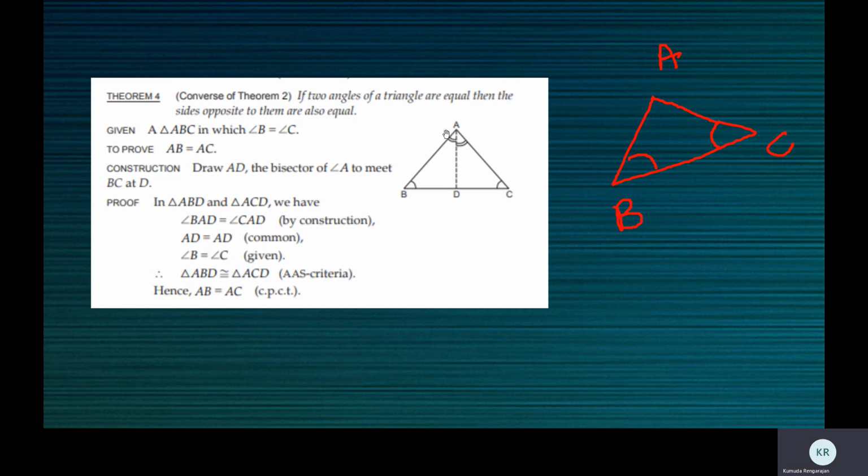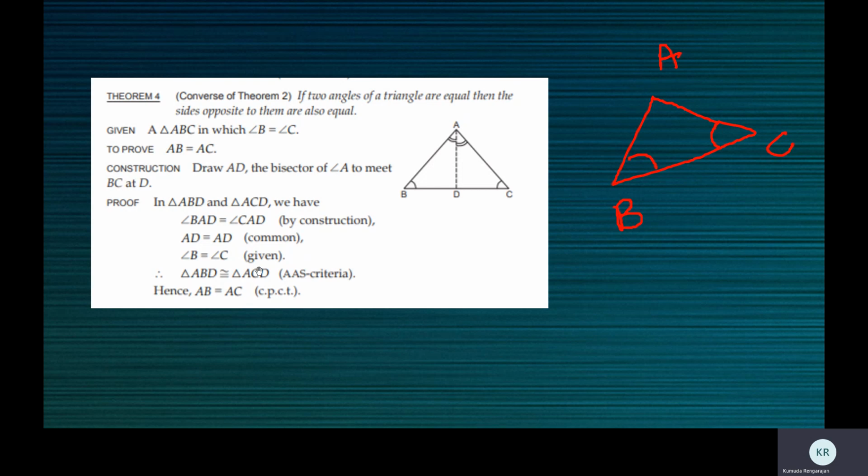Because vertex A is equal to vertex A in both the triangles, A is a common vertex. This angle is equal to this angle, so A, A. Then angle B is equal to angle C, so if it is B in the first triangle, it is C in the second triangle.